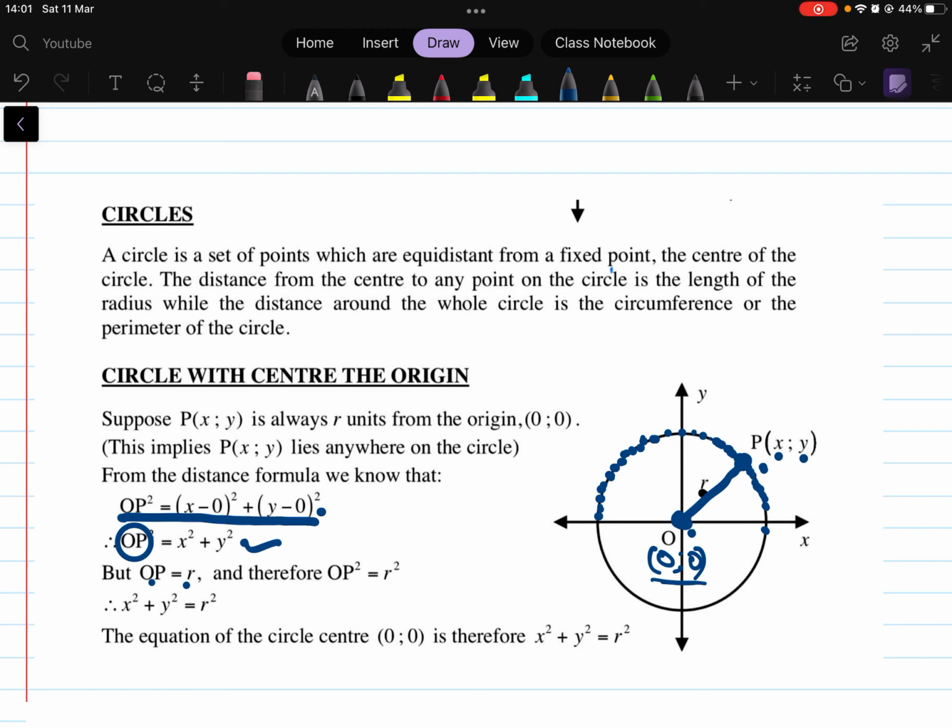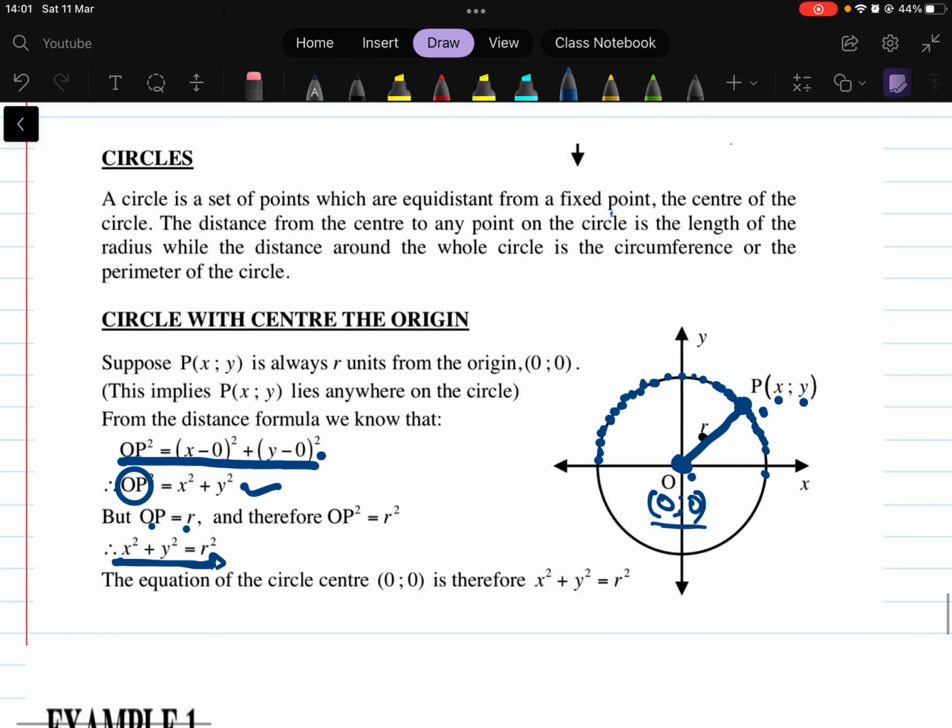Instead of doing that, since there's no need at this point, we're just going to leave it as the square. This means R is actually OP, as you can see from your sketch. So just replace OP by R, then you get R squared. Now you know that the standard formula for a circle whose center is at the origin is x squared plus y squared equals R squared.